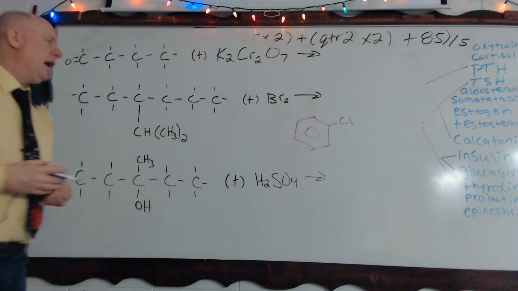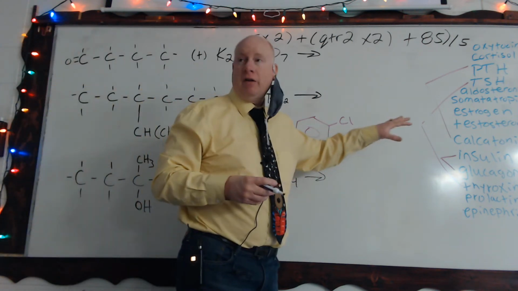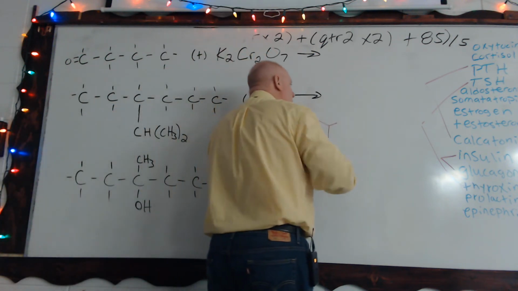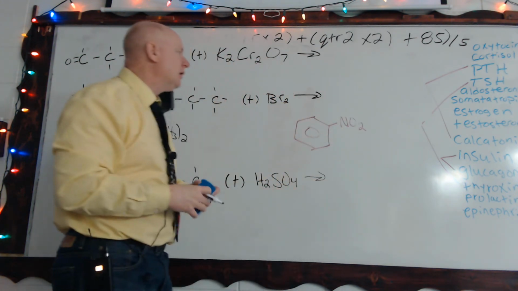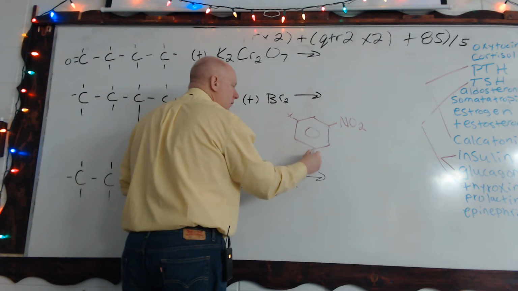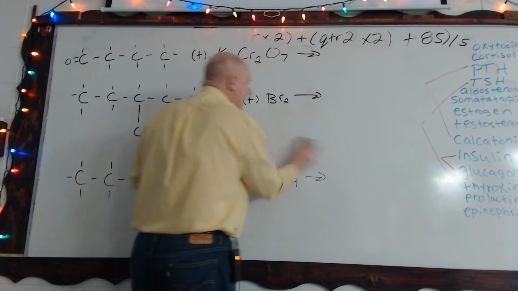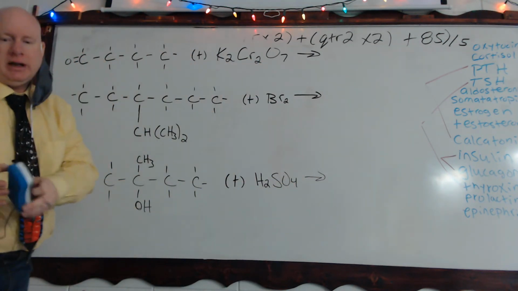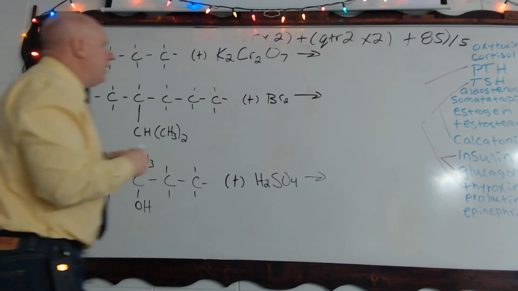And when we add something to this, halogens are both ortho and para directors, just like the last one, which is a nitro group, which is just a meta director, which means anything you add will either go onto here or onto there. So you want to see what it is you're actually starting with. So in this case, we're starting with an aldehyde. If it oxidizes one more time, which it will, we form our acid.